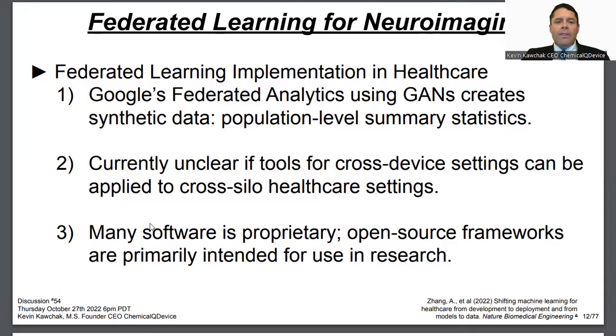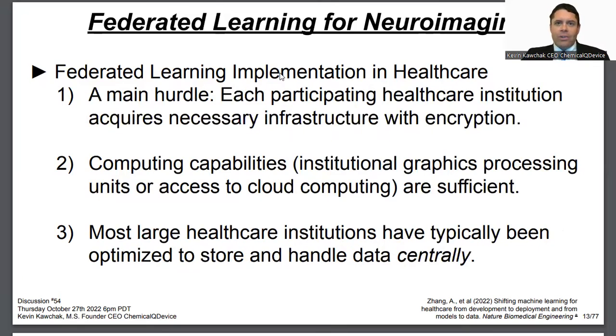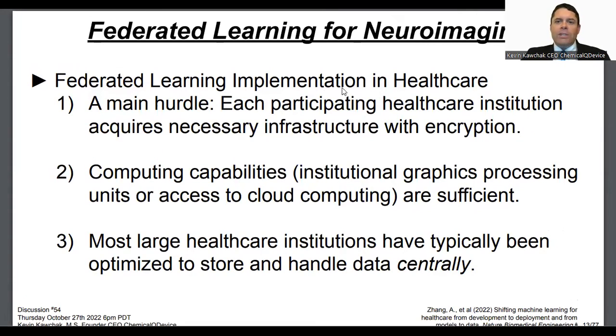And then, much of the software is still proprietary. Open source frameworks are intended for use in research. So to continue with this, each participating healthcare institution acquires the necessary infrastructure for encryption. There's going to be pushes out there, as there's a push for cybersecurity with quantum technologies, post-quantum cryptography, these types of things.